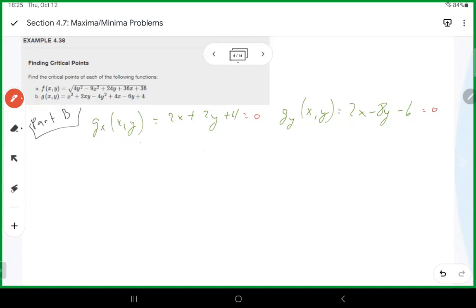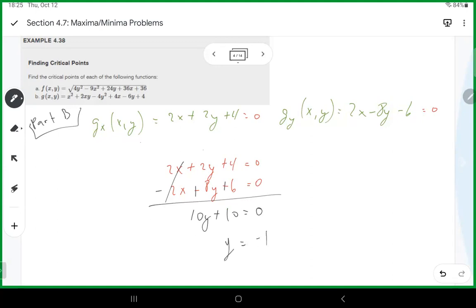So subtracting the second equation, well, let's rewrite that a little bit then, I guess. So then we'll just subtract. So y is going to equal -1.